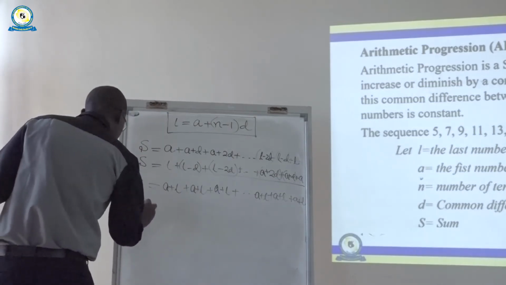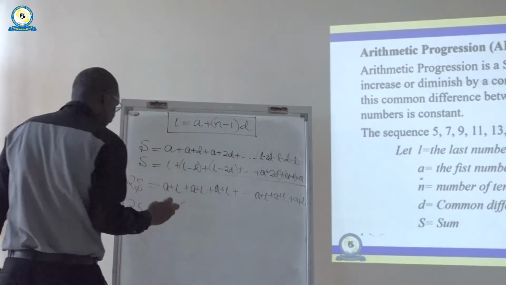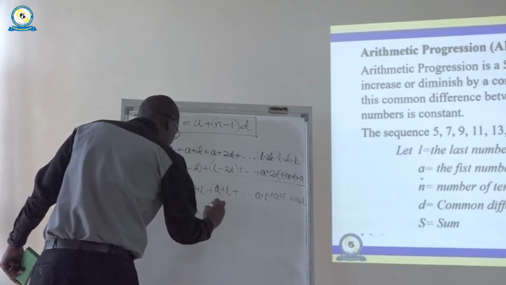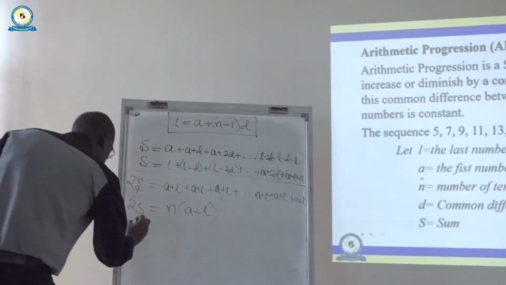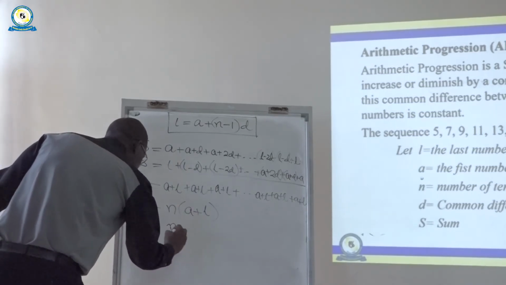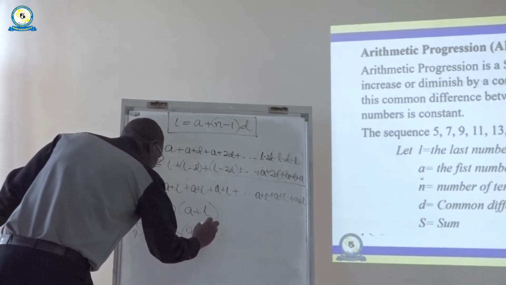So 2S equals n, which is the number of terms, times A plus L. Then the sum is given by n divided by 2, times A plus L.